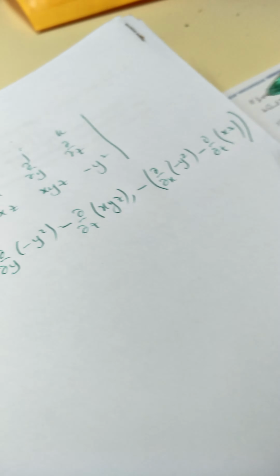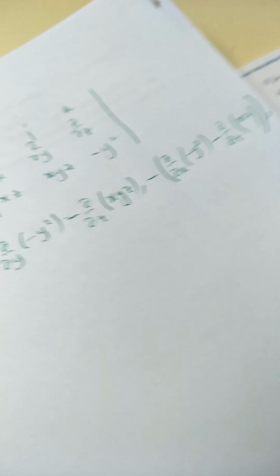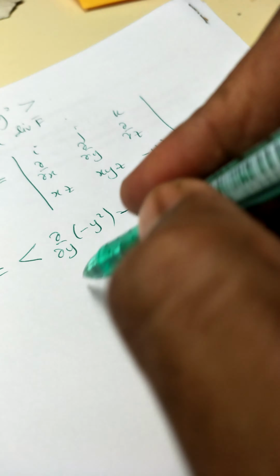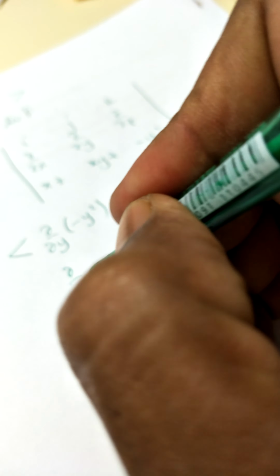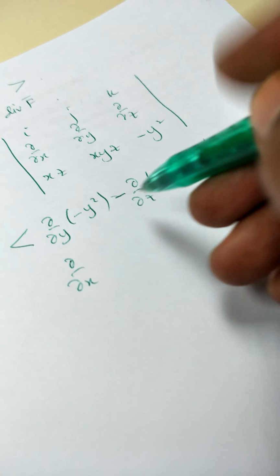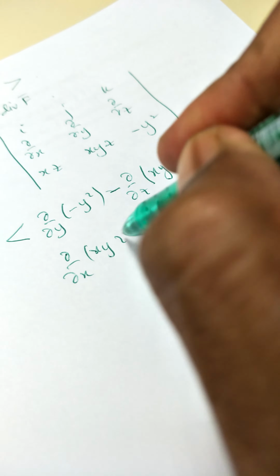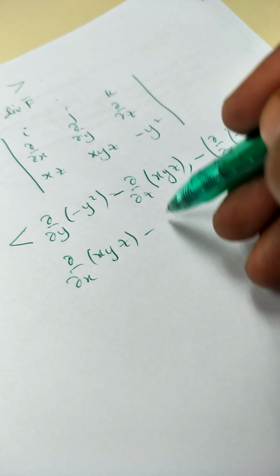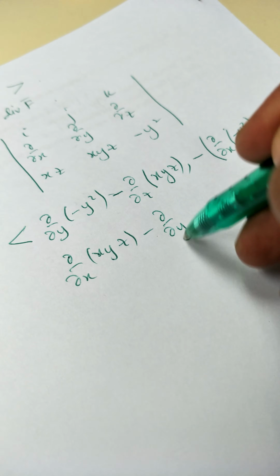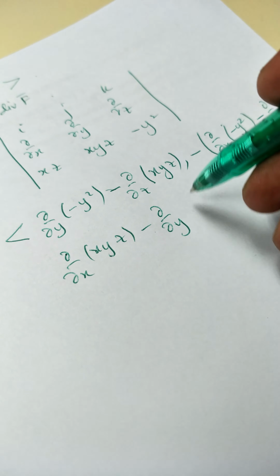Okay, and for k, we have del x of xyz minus del y of xz.